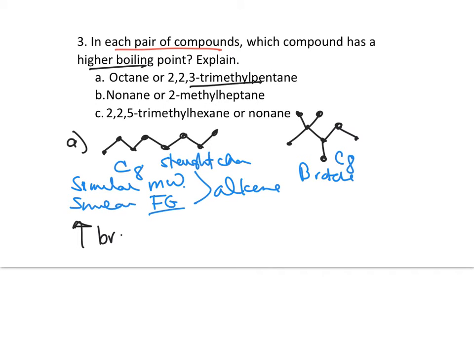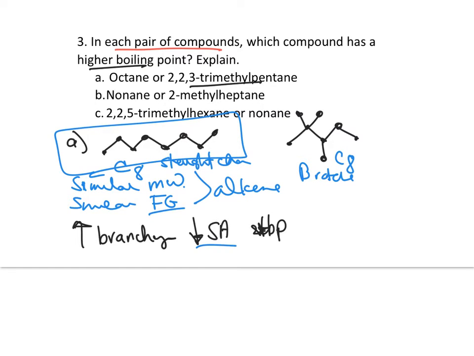If you increase your branching, you decrease your surface area, and that decreases your boiling point. Okay, so the first one would have a higher boiling point because it would have increased surface area. Increased surface area, you have increased boiling point.